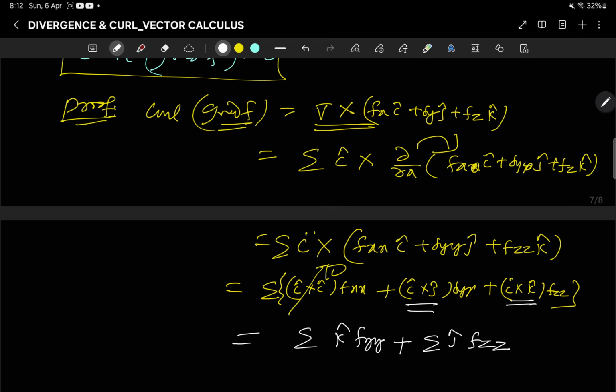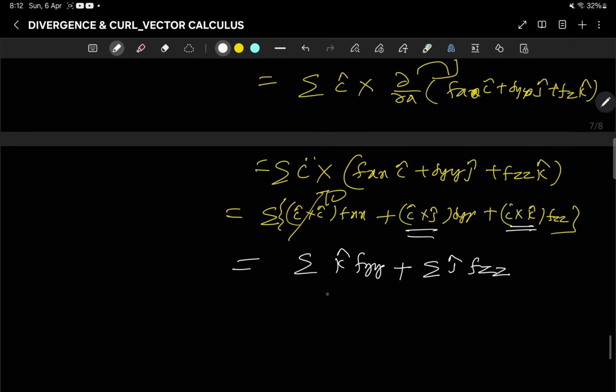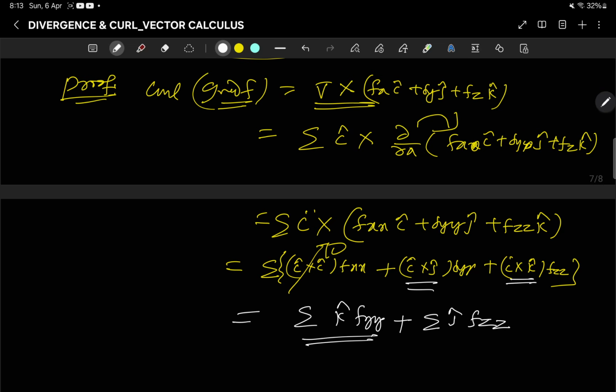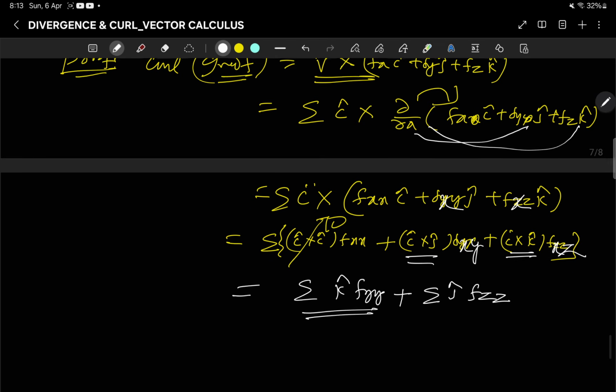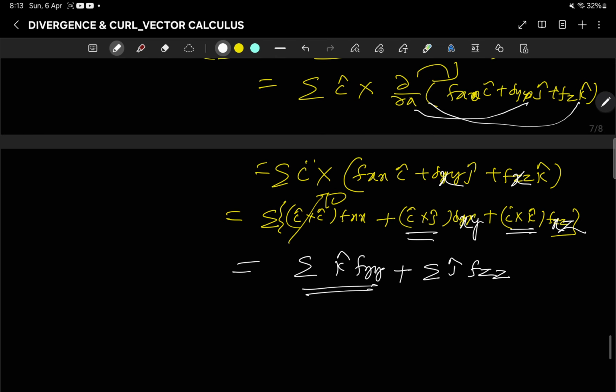So this is the summation of k fxy minus j fxz. If you open it, this will be fxy, and this will be fxz.